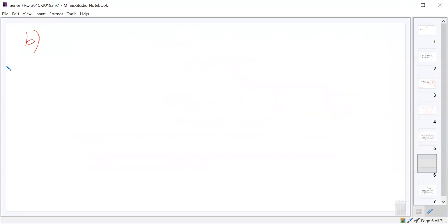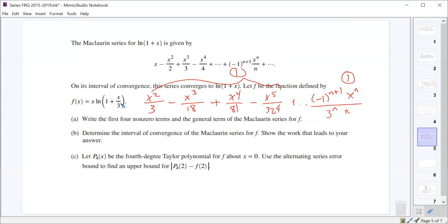I suggest we use the ratio test. Look for a limit as n approaches infinity of, let's see here, no matter what x is, are these all positive terms? Nope. So we'll take an absolute value.